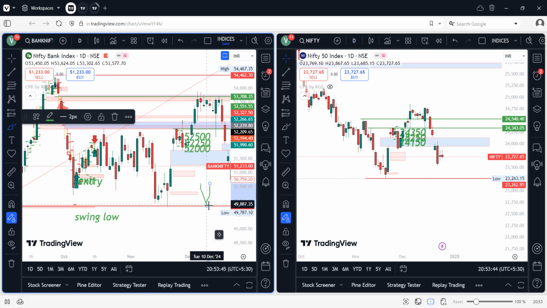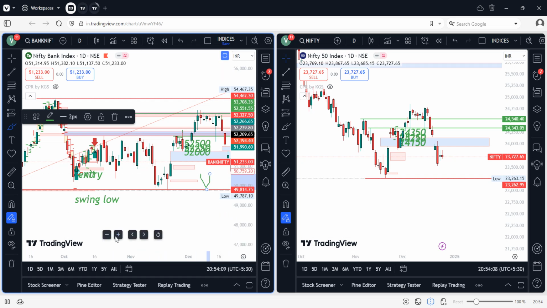During the market hours, the market fell till here, took support, and went up like this. This wick shows buyers are present here. So what can we interpret from this? Here we are having the buyers, so there is a higher chance of the price moving upwards. This is the interpretation.